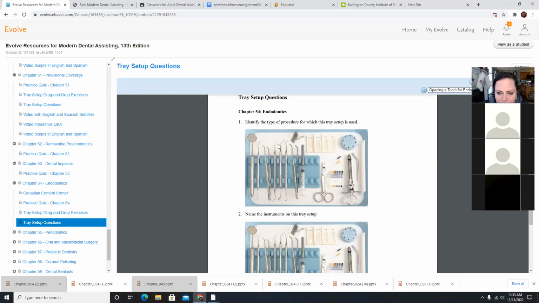We have a Glick, a Woodson, another locking plier, an endodontic irrigating syringe. We have paper points, a ruler, burrs, air water syringe, aspirating syringe, files, broaches, scissors. Okay? Any questions? No? Okay.